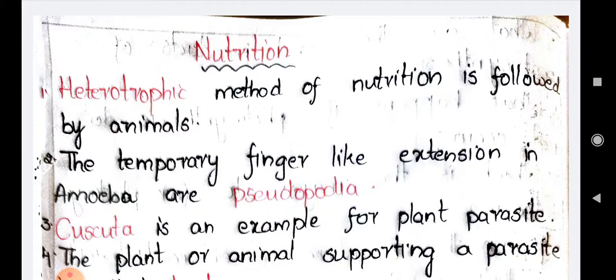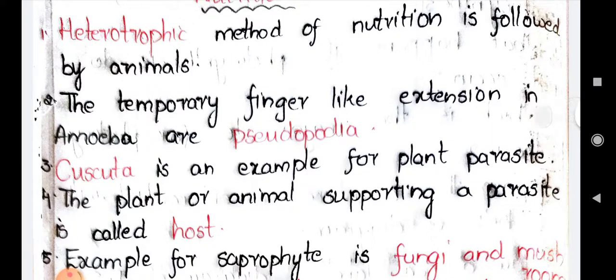Not only for movement, they also help in capturing food material. So the pseudopodia help the amoeba, a unicellular organism, to capture food and to move from one place to another. The answer is pseudopodia.